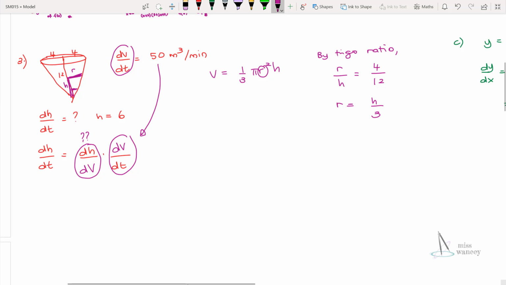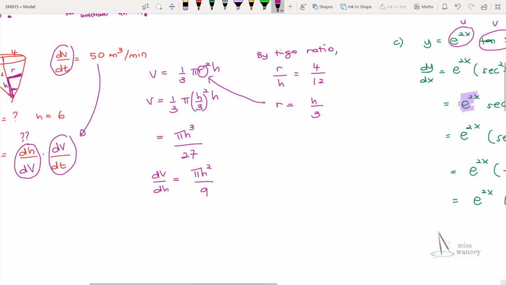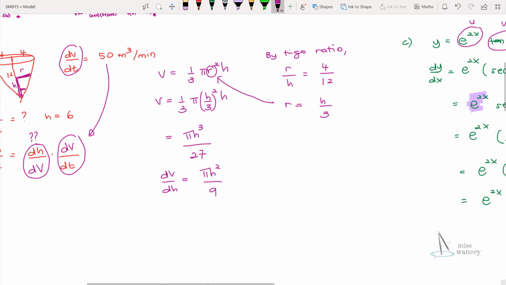Okay, so I'm going to replace the r's with h over 3. So V is equal to 1 over 3 pi (h over 3) squared h. So we got pi h cubed over 3 squared is 9, 9 times 3 is 27. So dV over dh, so this is equal to pi h squared over 9. Okay, so I'm going to replace them inside the formula.